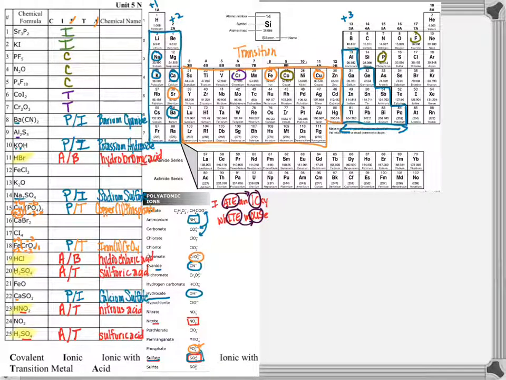I look for aluminum. Aluminum's over here, so that makes it ionic. I look for iron. We just used iron earlier, so iron is over here in group 8. So again, that's going to be transition. I look for K. K is in group 1. It's regular ionic.